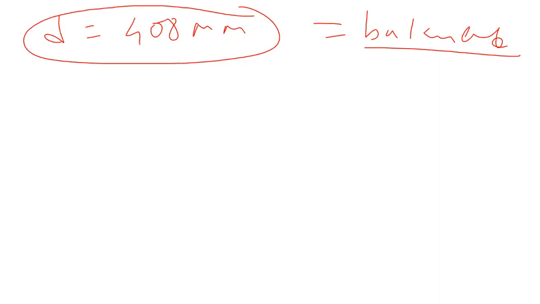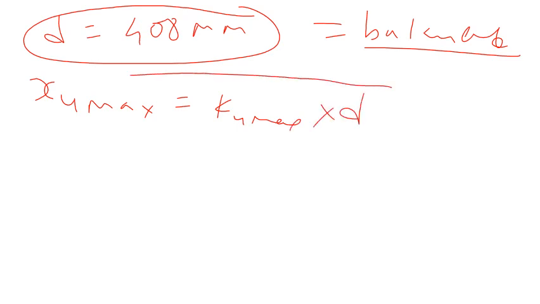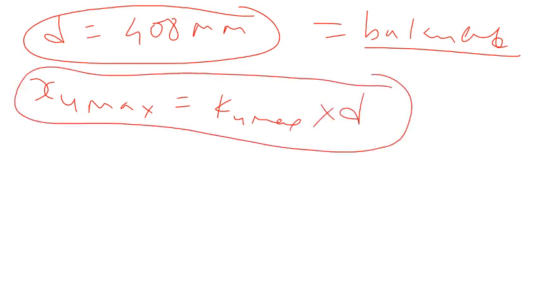Actually it is not required, but just find it out. So I will just explain what XU max is. XU max will be the Ku max into D. In case you want the depth of the neutral axis for the balanced section, you can find it out, that is XU max.